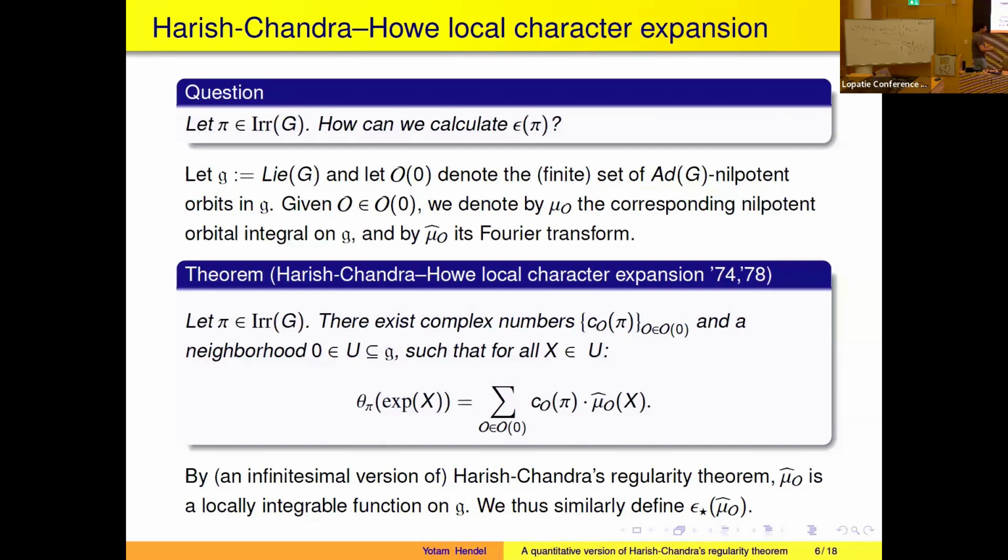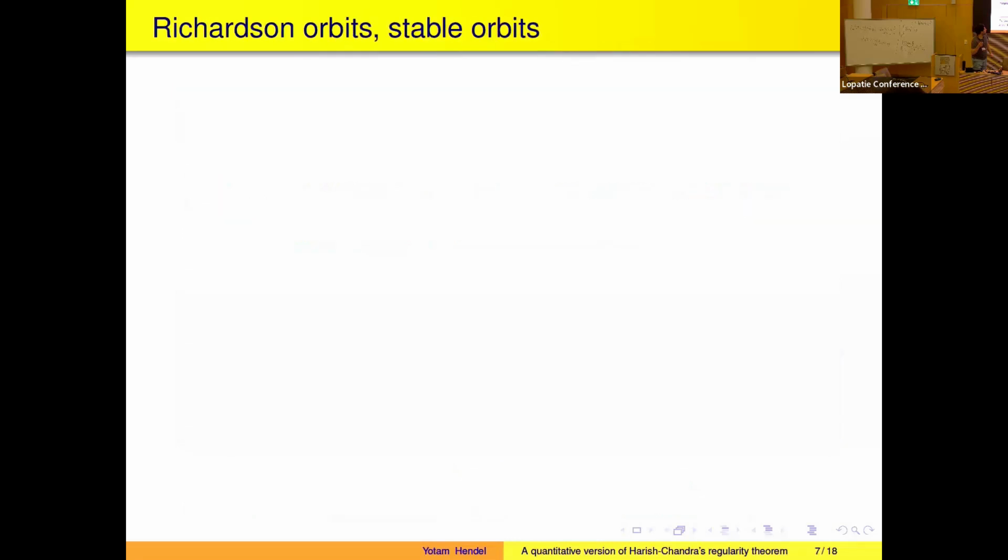They're locally L1, and you can also define epsilon star of mu hat in the same way that I have defined it for representations. So just ask what is the largest number S such that this mu hat is locally L^(1+S) integrable. So this implies that if I want to study the singularity invariants of representations, I can focus on the singularity invariants, or integrability exponents, of these Fourier transforms. Okay, any questions so far?